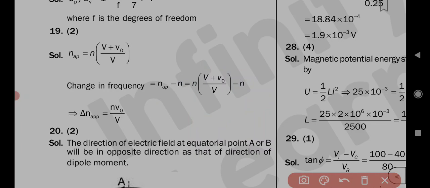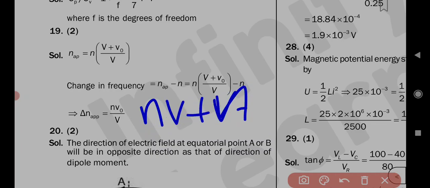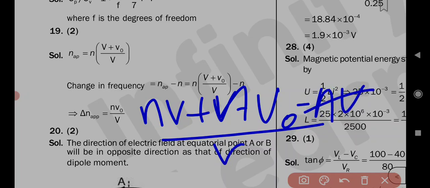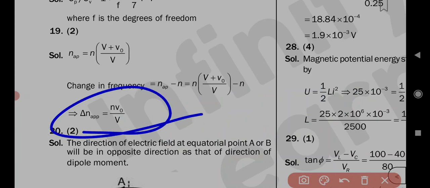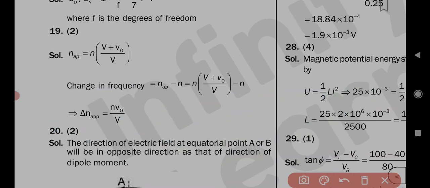So if we do this, we write n times v plus v naught by v, minus n. The nv minus nv cancels, so we get n v naught by v. Change means final minus initial. That's it. The last question we are going to discuss for this session.